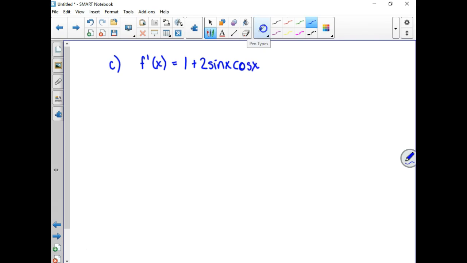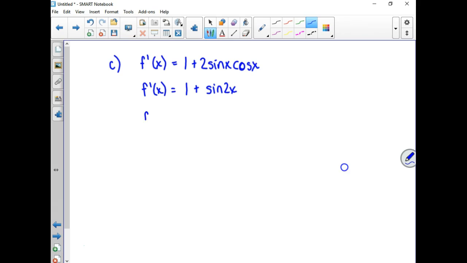And in the last part, we changed 2 sine x cosine x to sine 2x. So let's do that here. It makes it easier to find the derivative. Because if we use this function, we have to use the product rule to find the derivative. If we just use this one, then we don't. We have to use a chain rule, but it's a pretty simple chain rule.